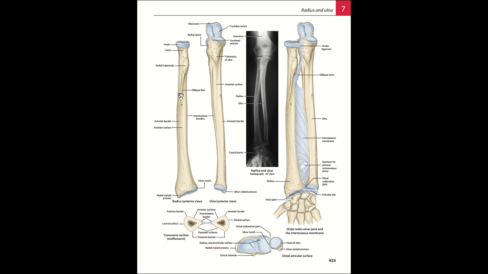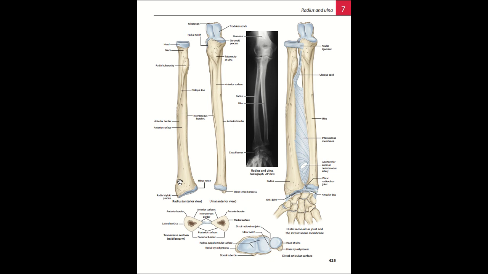Take note of this. As you go from proximal to distal, the radial bone increases in size. It becomes broader and increases in bone density, right? At the distal portion, the radius is going to form what's called the wrist joint. Take note of this.